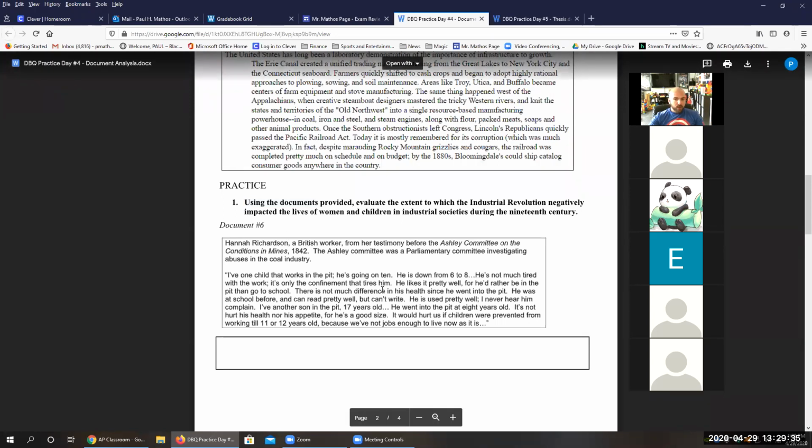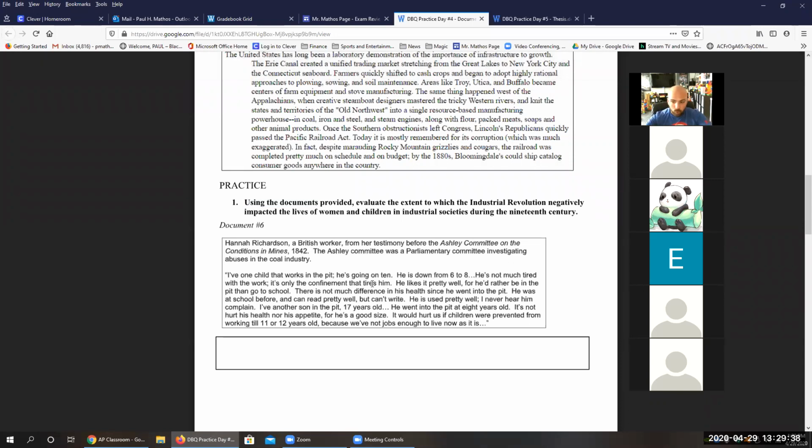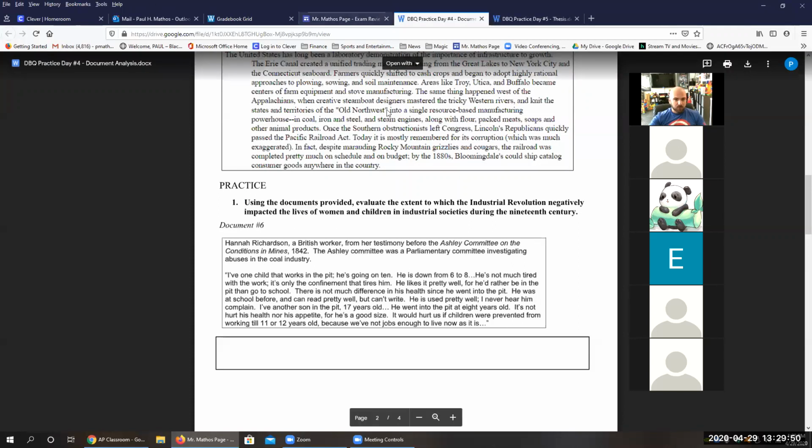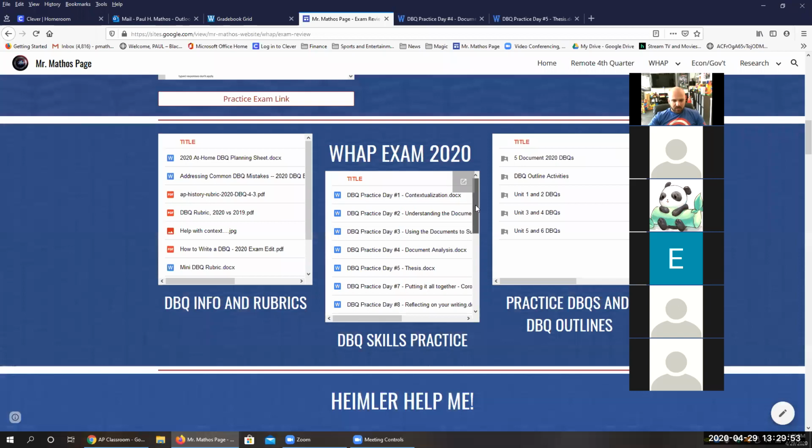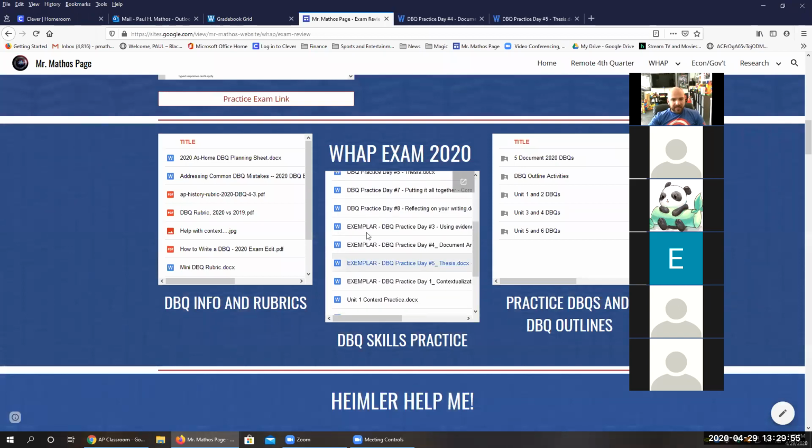And I will go ahead and give you guys 4 or 5 minutes tops to provide some sort of analysis. You could type this in the chat. You could write it on your own paper because, as you know, on the website, and I'll show you again, and you can see my screen, there are the exemplars right here.